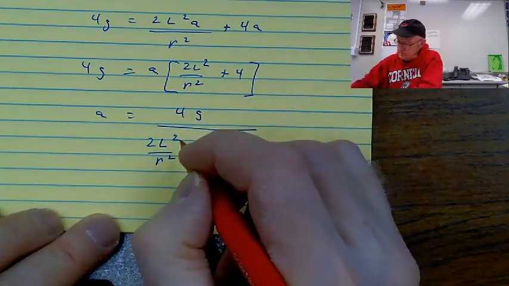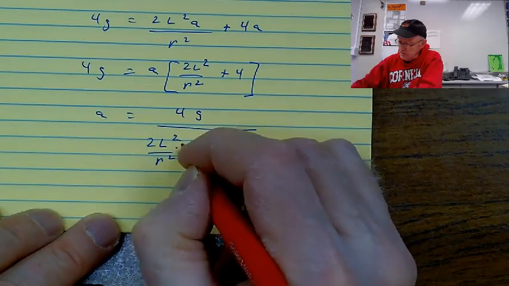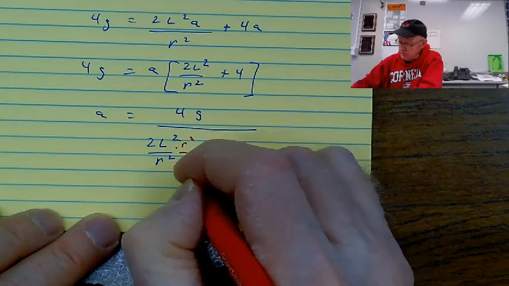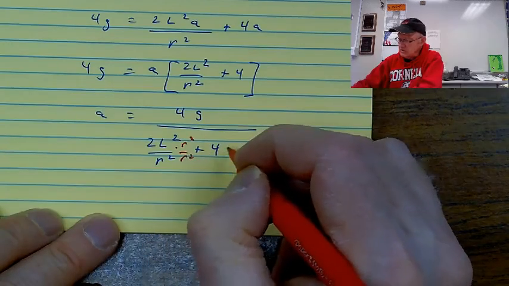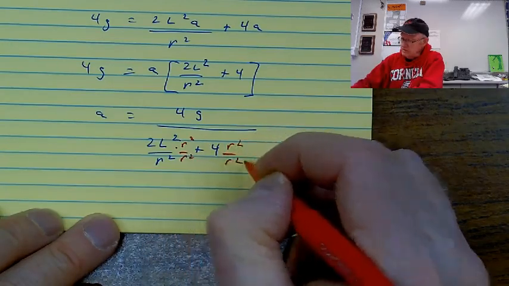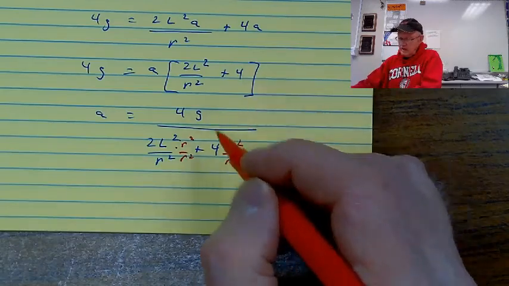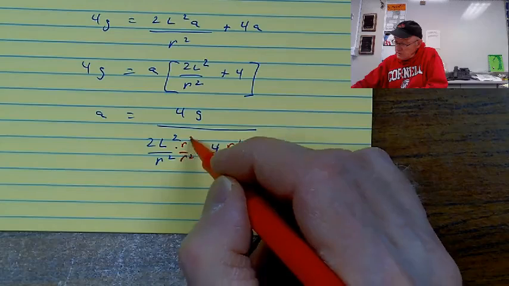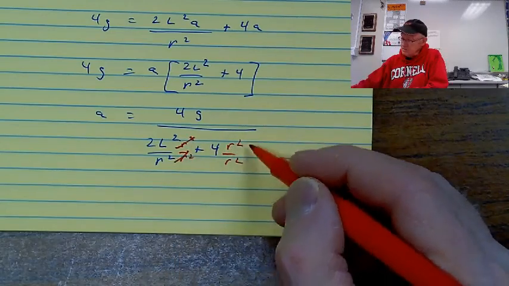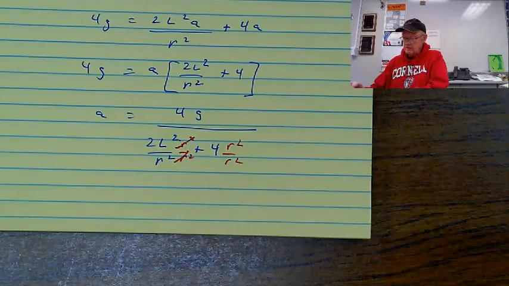And when you do that, you end up with, oh, this is awful. Sorry, no. Let's not do that, but let's, yes, do this. So now we have a common denominator down here, and you get a is equal to 4g over 2l squared plus 4r squared over r squared.